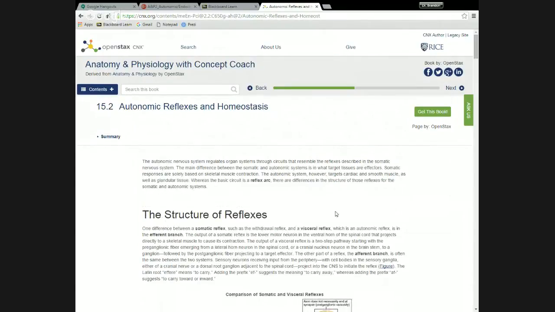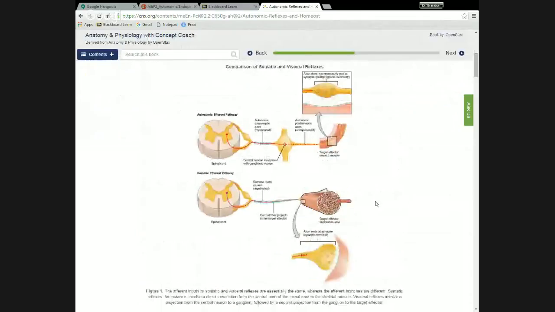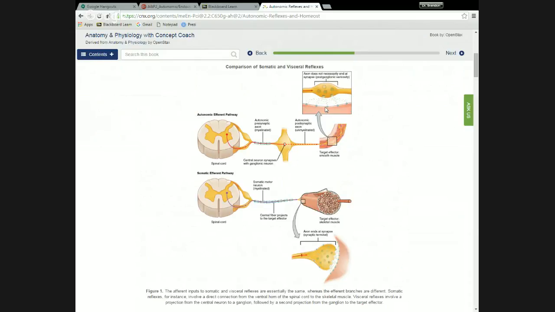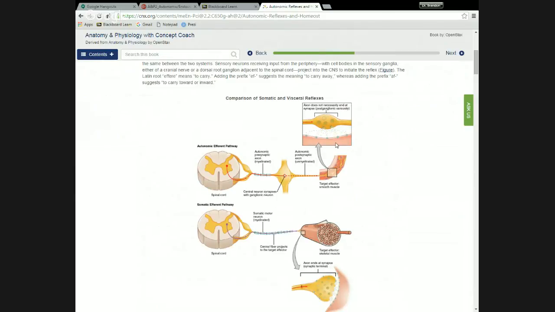And then this goes into a little bit more detail about what the connections actually look like, but for the most part, I just deal with everything as basically being a synapse. Granted, a neuromuscular junction, which is not autonomic, that's somatic, is sort of a classic synapse. The connections that we see in the autonomic system don't quite look like that, and some sources will not call them synapses, but for our purposes, they are.